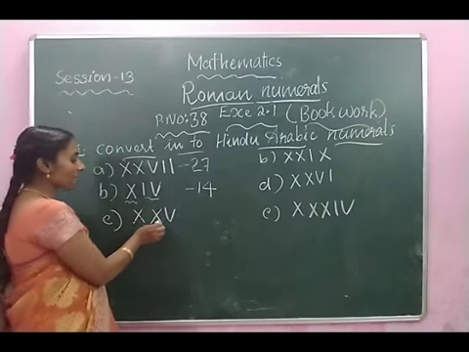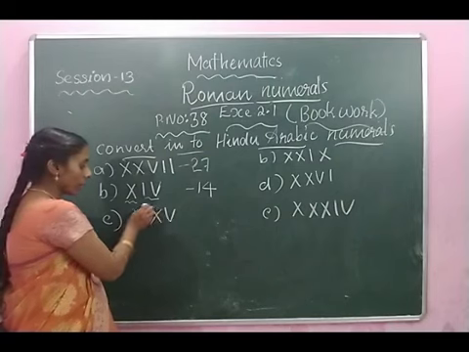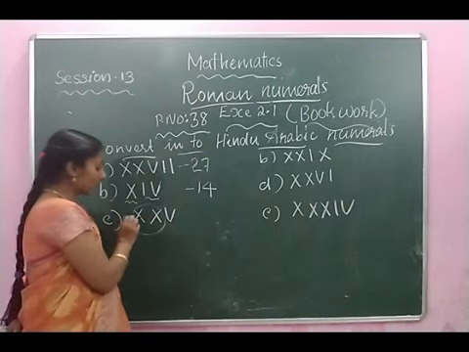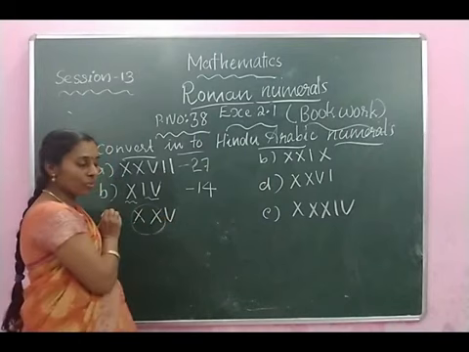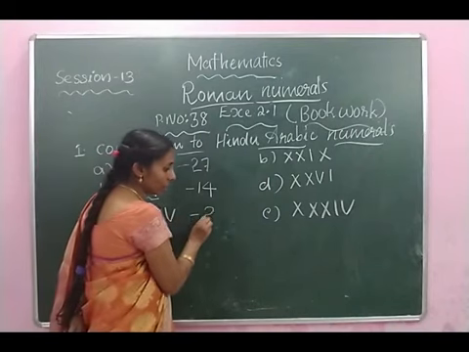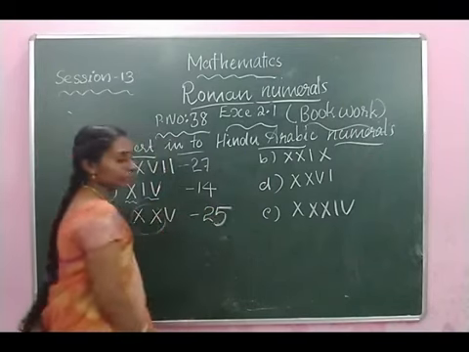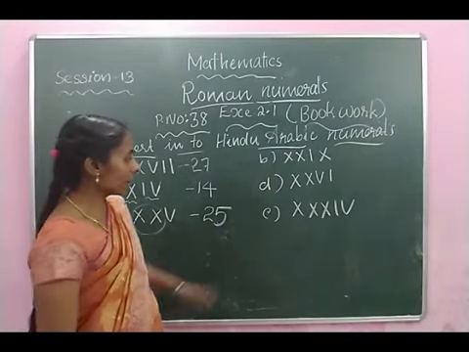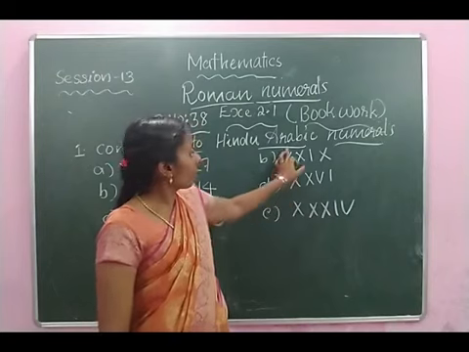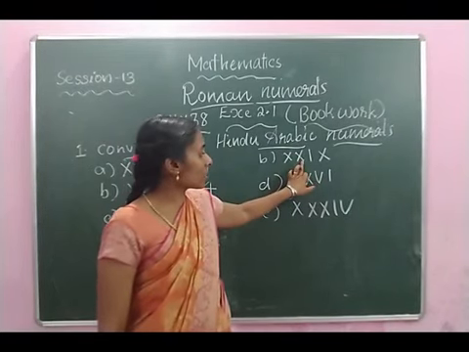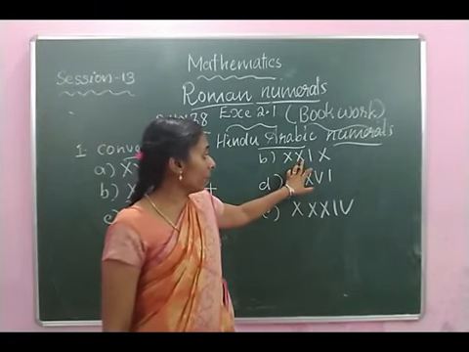Next one, XXV. Repetition is here. X means 10, 10 plus 10, 20. Then V means 5, 20 plus 5, 25. Next one, XXIX. Repetition, X plus X, 10 plus 10, 20.